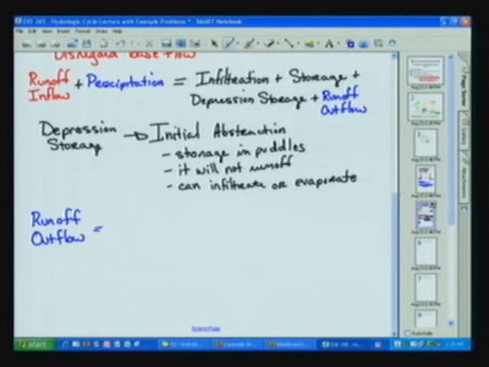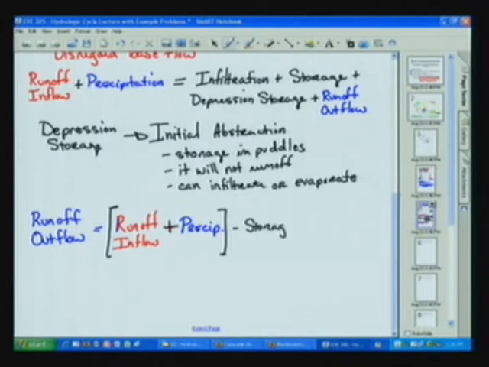That's going to be our inputs, which would be runoff inflow in this case, plus precipitation, and then we remove from that storage, depression storage, and infiltration.